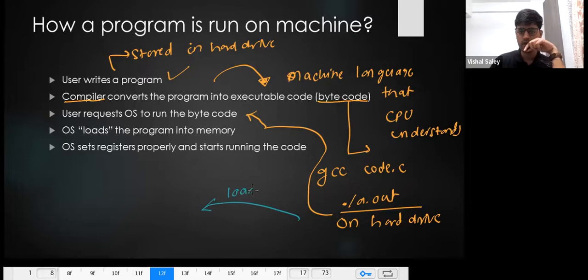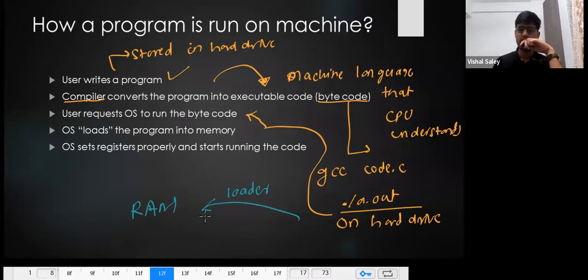This is your loader, a piece of code in the operating system which loads the executable file from the hard drive into the main memory, the RAM.